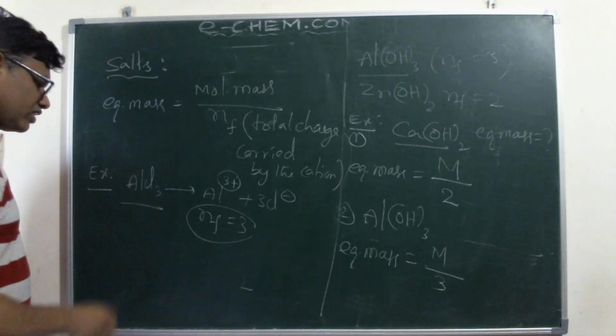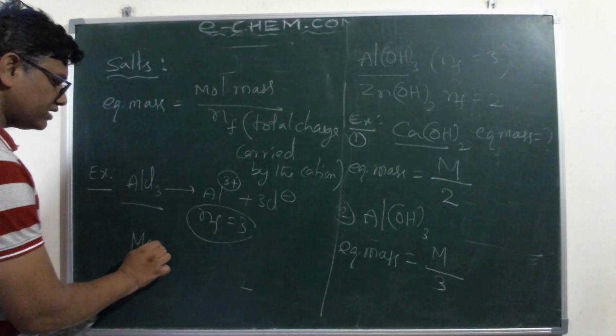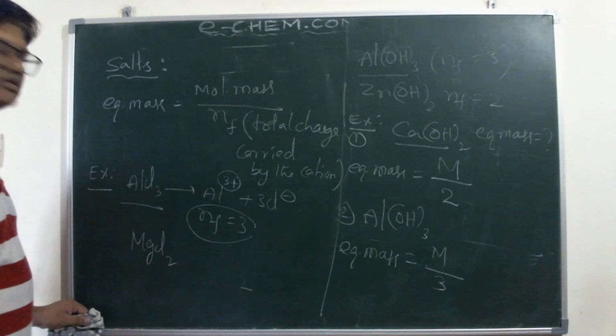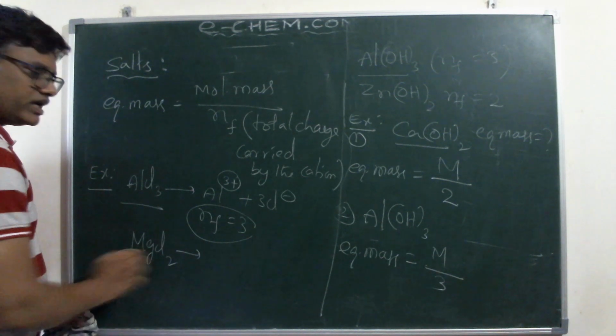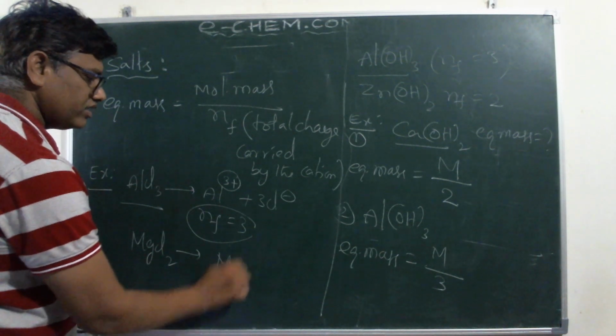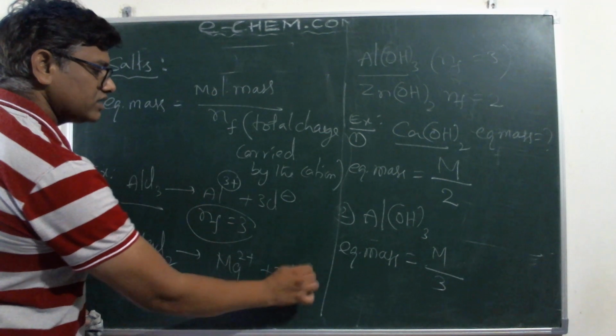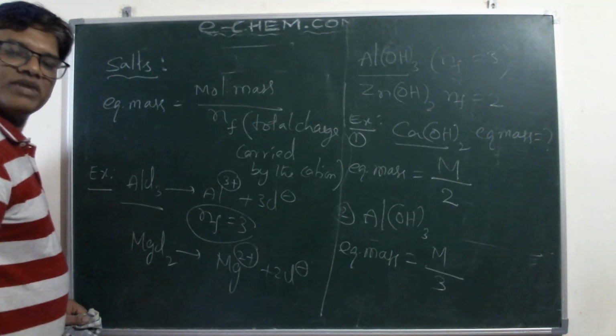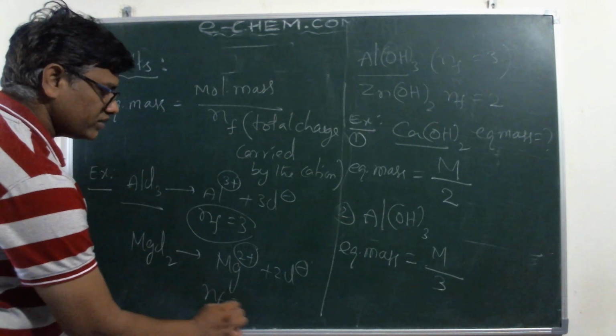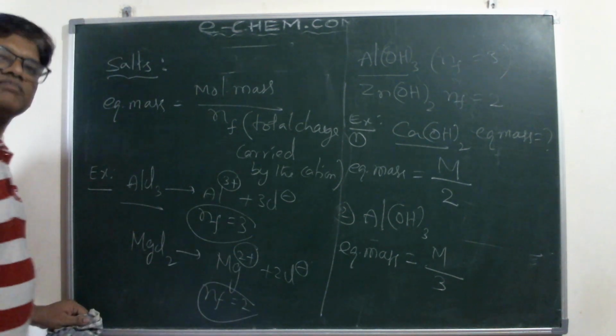For example, one more I want to give you, magnesium chloride, MgCl2. Magnesium chloride on dissociating gives magnesium ion and Cl- ions. So what charge is the magnesium carrying here? Plus 2. Therefore, the n factor is taken as 2 for this case.